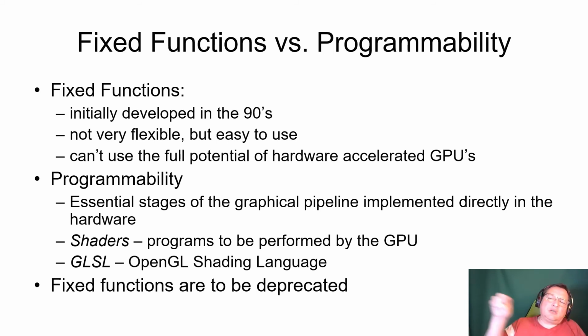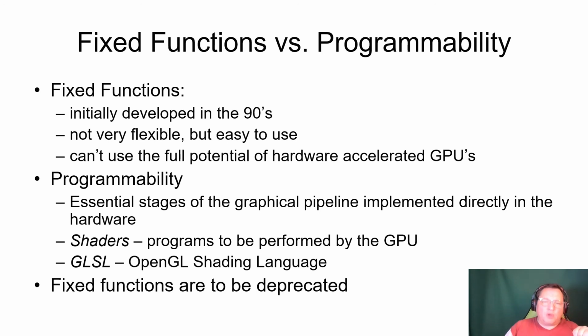And when I say directly in the hardware, I mean the GPU, the graphics processing unit, or the main processor of your graphics card. So the exact situation is that an OpenGL program delegates the essential stages of rendering directly to your graphics card, and those programs that are delegated to the graphics hardware are called shaders.